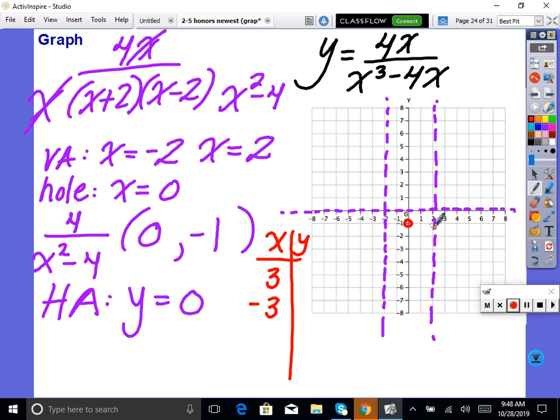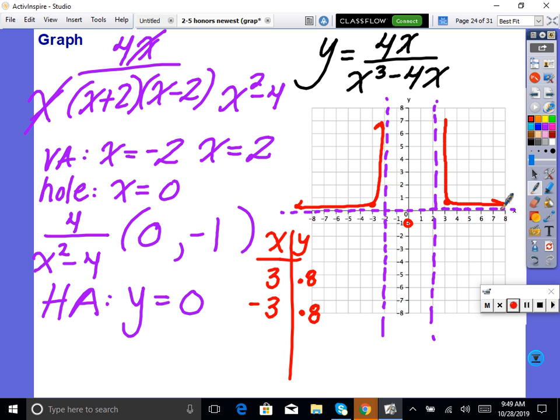No. Negative 3, so y is 0.2. Okay, cool. How about 3? 0.8? Okay, cool. So let's go ahead and put those points in. I'm at over 3 up 0.8, check. I'm at negative 3 up 0.8. Okay, well then don't we know it's on this portion of our graph?